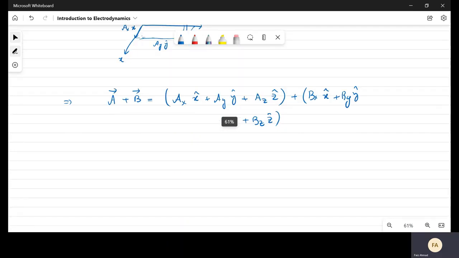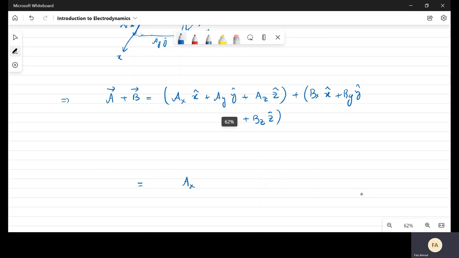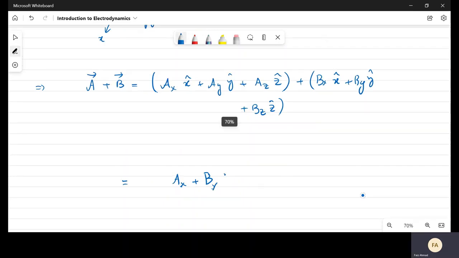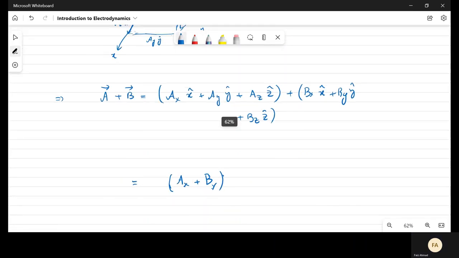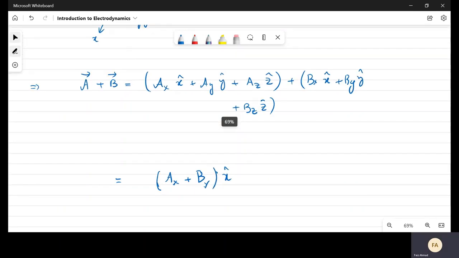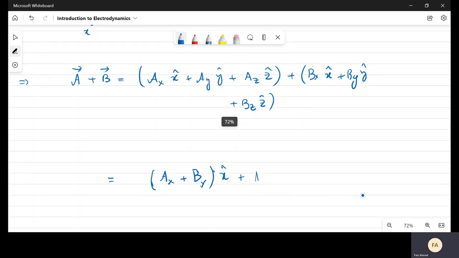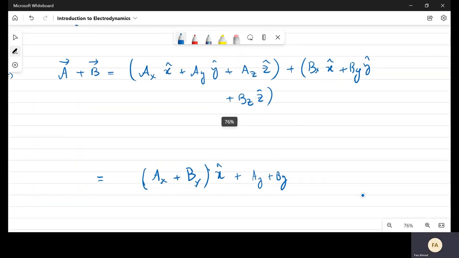So we can add the components, gathering the components of the x unit vector, so it will become ax plus bx times x, plus ay plus by times y, plus az plus bz times z.